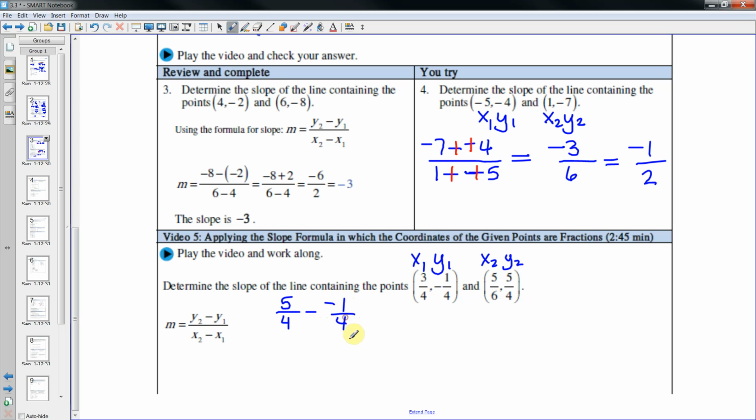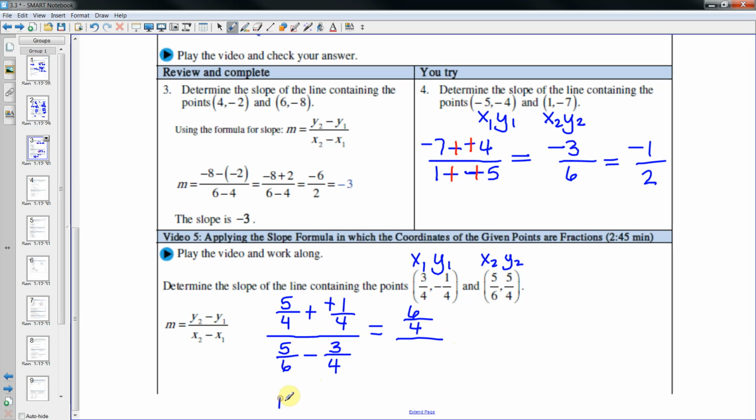Okay, that'll be okay because I've got 4s on the bottom. x2 is 5 over 6 minus x1 on the bottom is 3/4. So on the top, my double negatives change to plus plus, so that's going to be 6 over 4 over 5 over 6 minus 3 over 4.